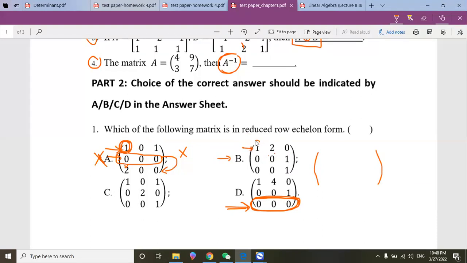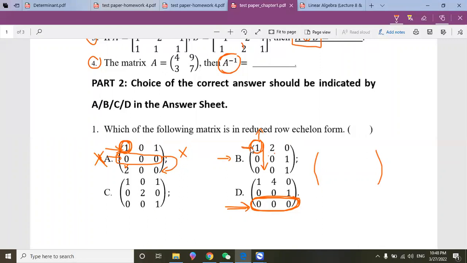And the first non-zero entry, that means it will not be 0, is 1, right? And we need to see that all the entries below this pivot point and above this pivot point must be 0, right? This was our condition.